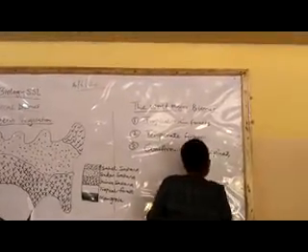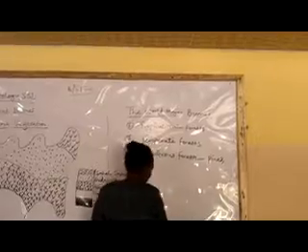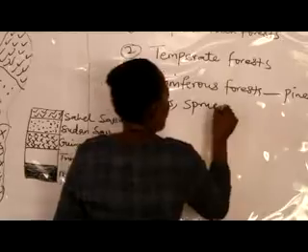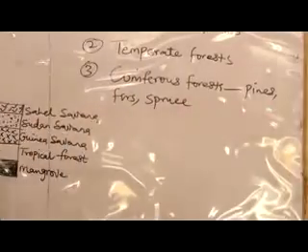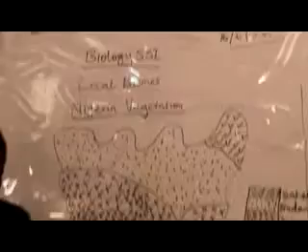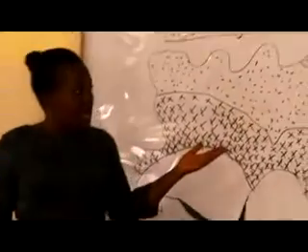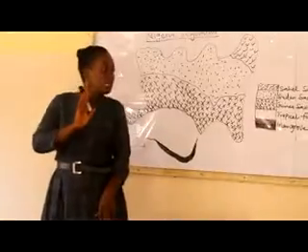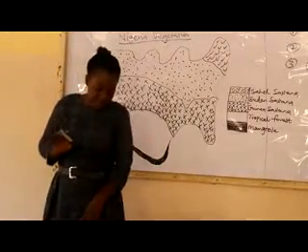These are also hardwood trees. Firs, spruce. These are the types of trees you find there. Then this particular biome is characterized in that it has two layers of forest.